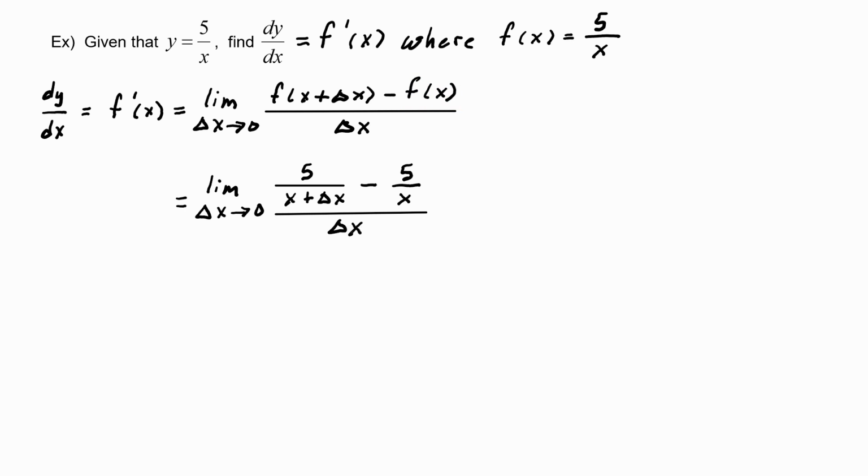Now, if we tried doing a direct substitution at this point, we would end up with 0 over 0. So what we want to do is multiply by 1 in the form of the LCD, the least common denominator, over itself.